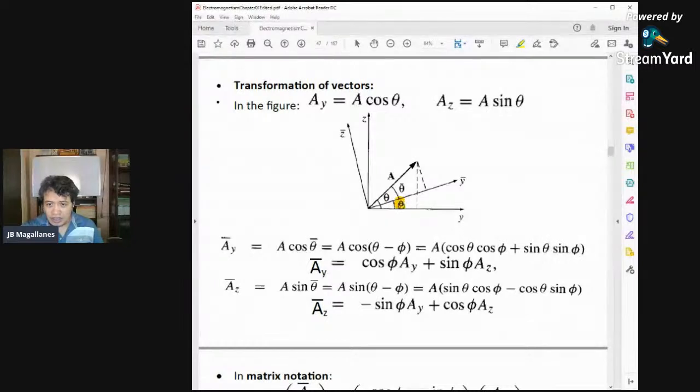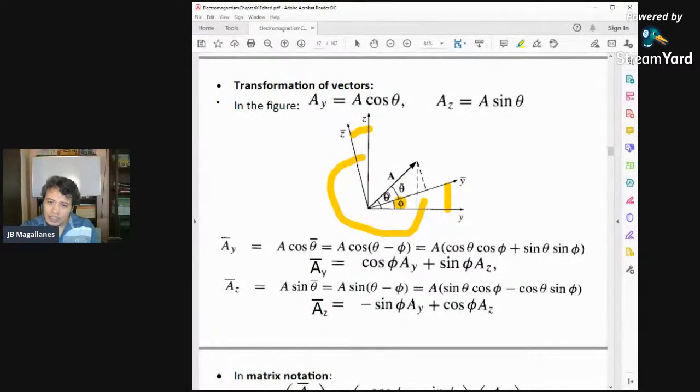As a consequence of that rotation, the y-coordinate changes to y bar, and the z-coordinate to z bar.